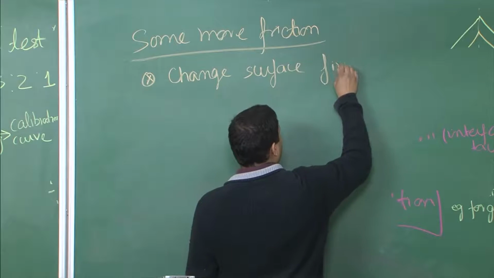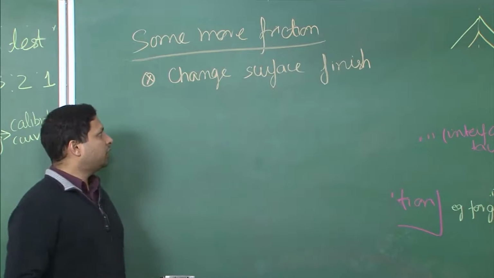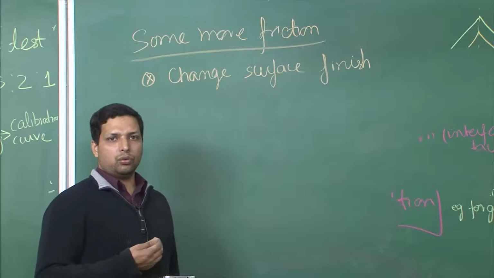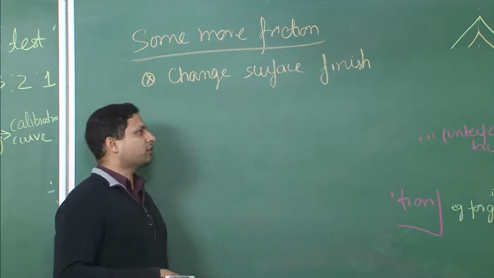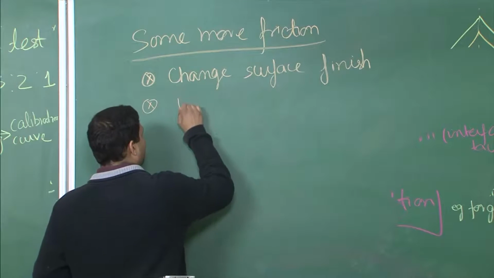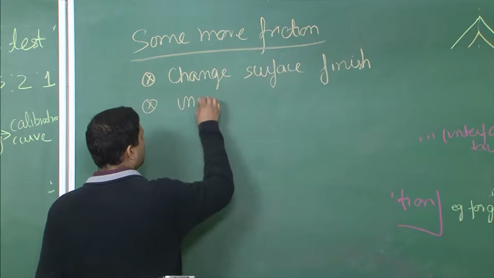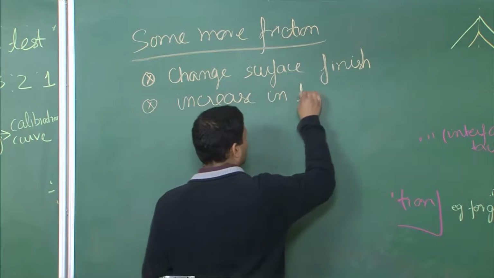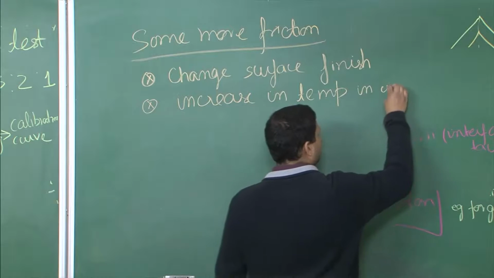Depending on what kind of friction exists, you will have different kinds of surface finish. Mostly friction would lead to a poor surface finish. If you have less friction, you will have a better surface finish. When there is friction, there is some additional work being done, and therefore there will be an increase in temperature in the workpiece.